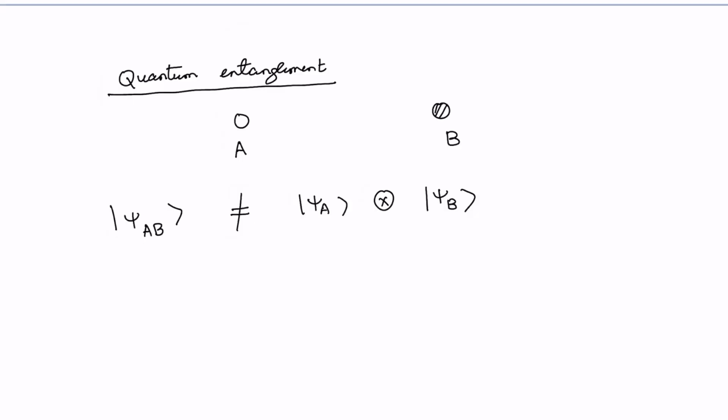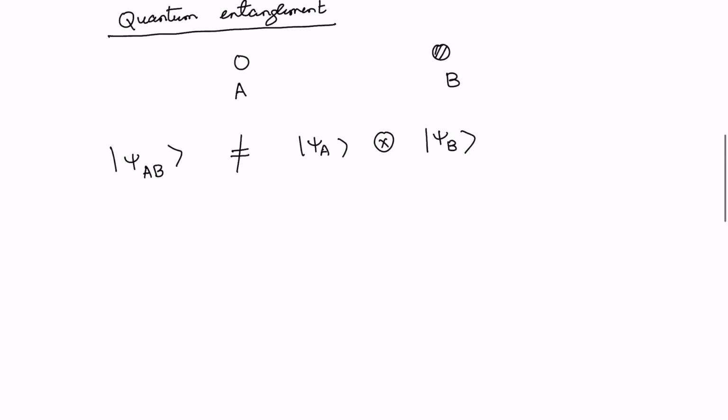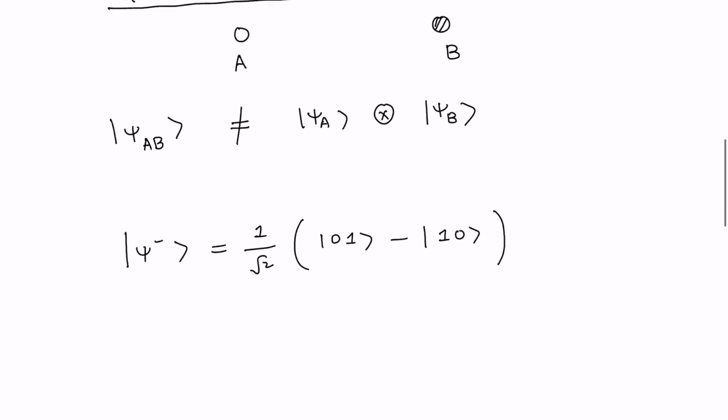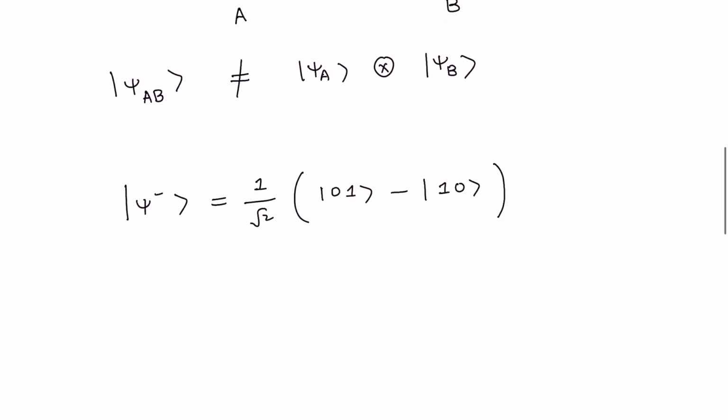As an example, say we have a composite system defined by the state vector which is one of the Bell states, as we discussed in the last class. Say |psi minus> is equal to 1 by root 2 times (|01> minus |10>). This state represents an entangled state.